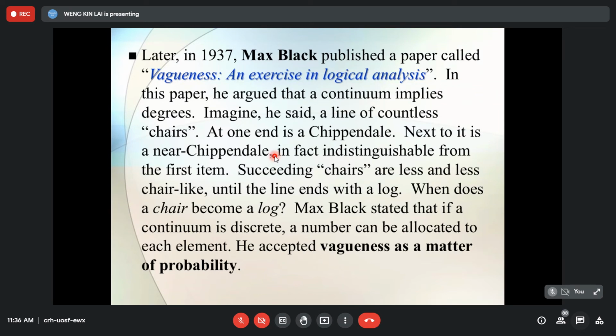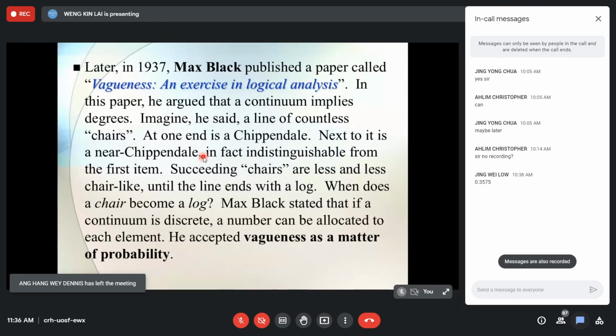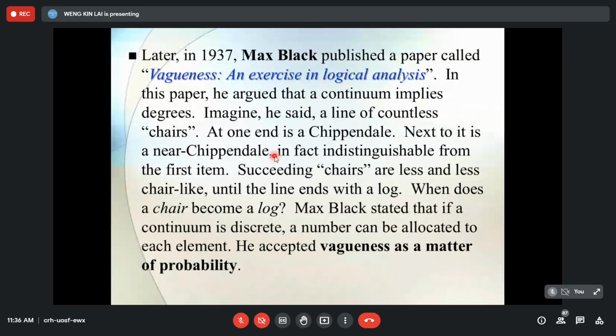So back to my Chippendale. The actual chair that you showed to me can be both a Chippendale and can be something else. Maybe I'll give a better example. A durian now can be 0.6 belonging to D24 and also 0.2 belonging to a kampong durian.